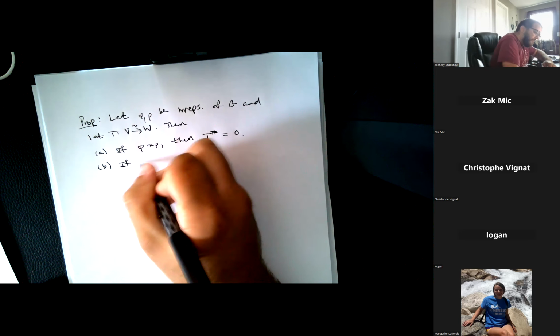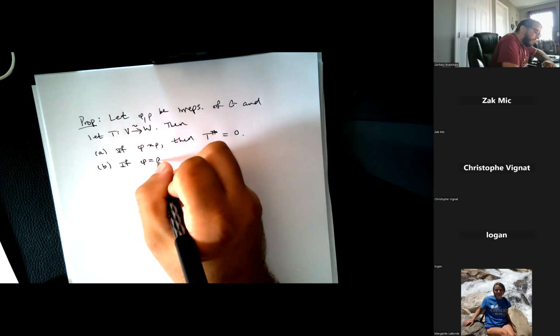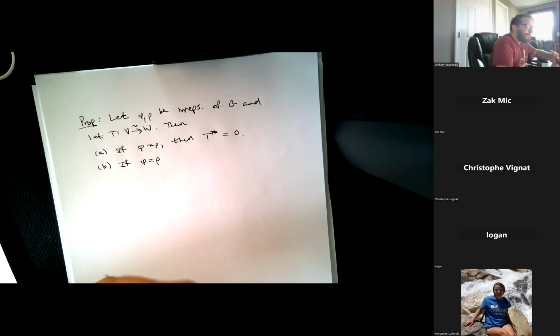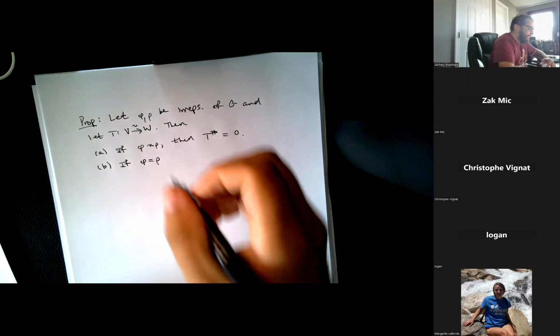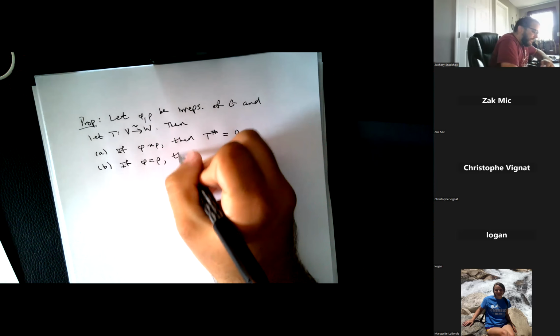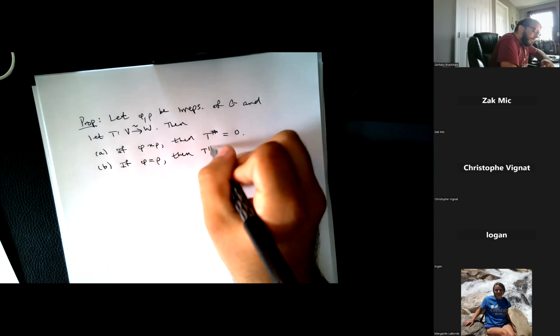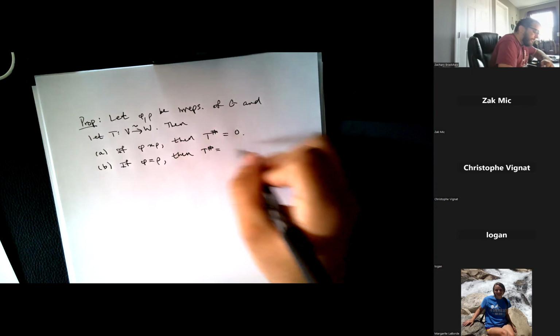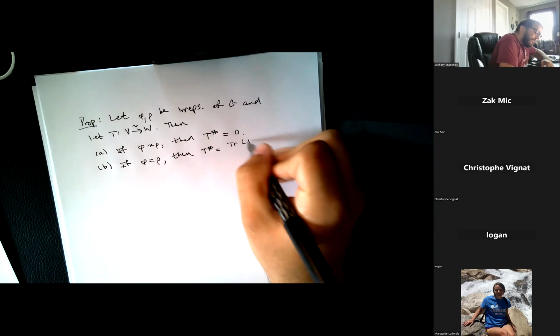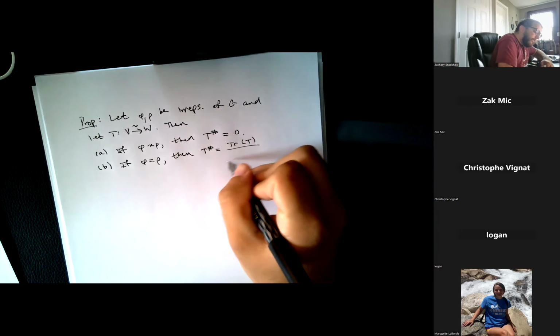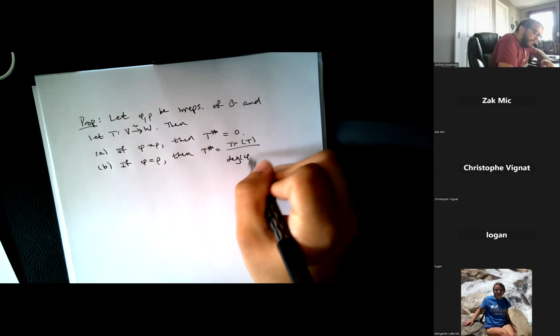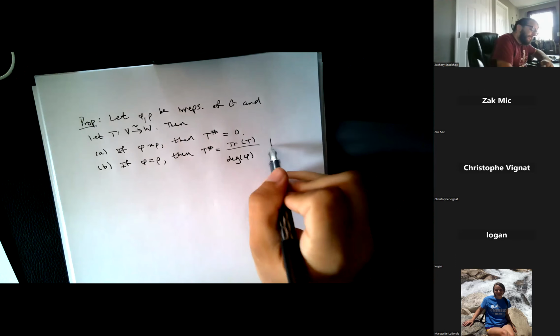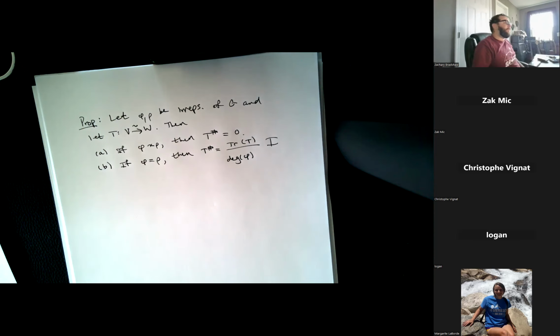And if phi is equal to rho, then the twirl of t, or t sharp, is the trace of t over the degree of phi. Remember, the degree of phi is the dimension of the vector space that the representation acts on.